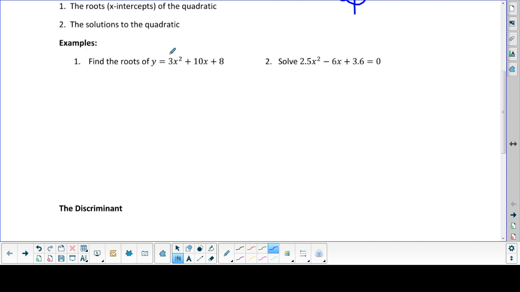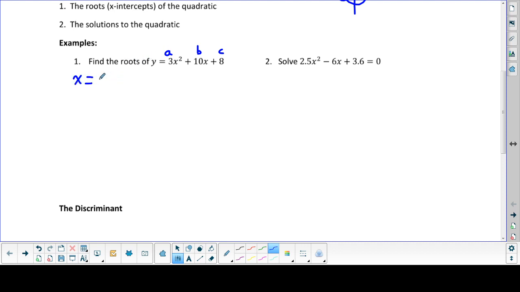So to start off, let's identify a, b, and c, and let's recognize that this is in the correct form, ax squared plus bx plus c, right? We'll do an example later where it's not in the correct form. We're going to have to fix it, just to go over that. So let's plug it in.